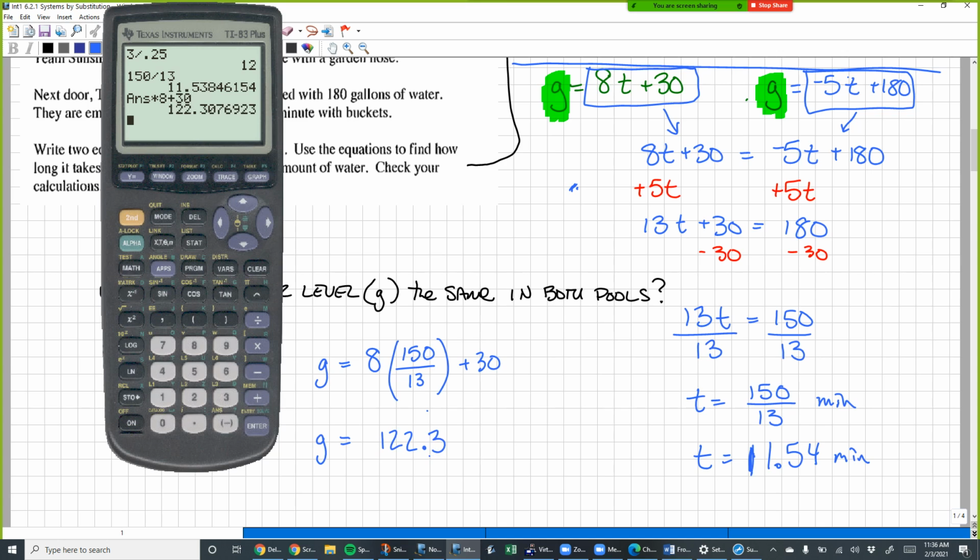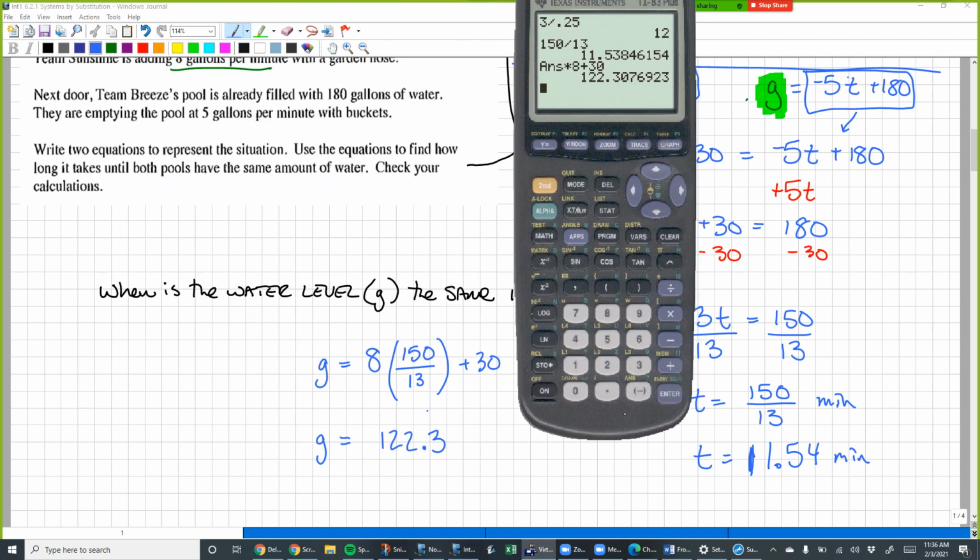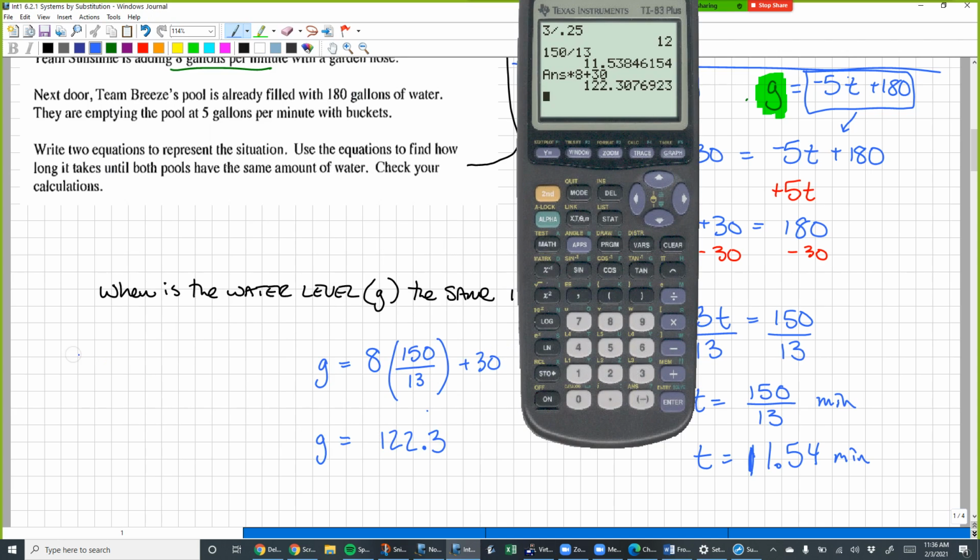122.3. Now it's not pretty, but that's fine. We're going to try the other one and make sure it's equal to the same thing. So that's gallons is equal to -5 times 150 over 13 plus 180.